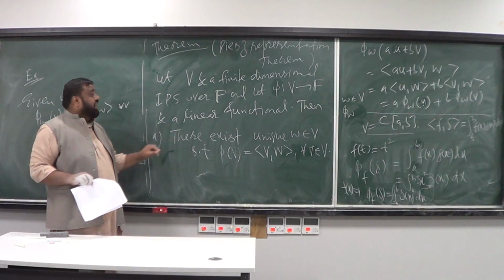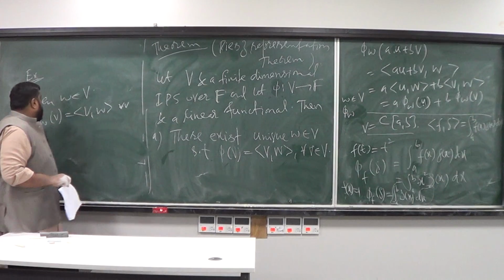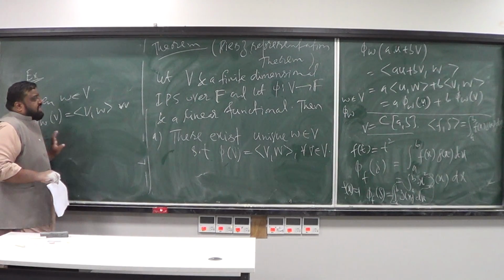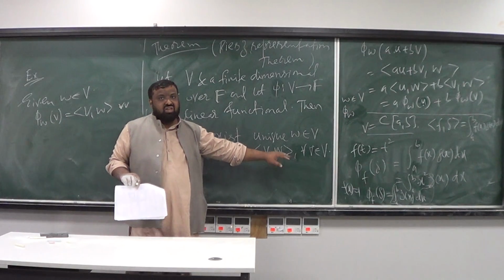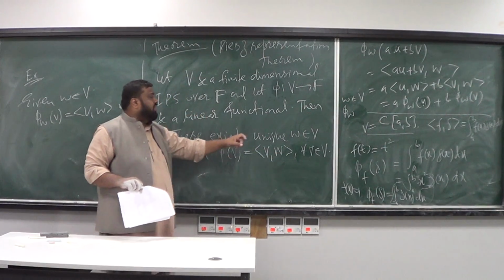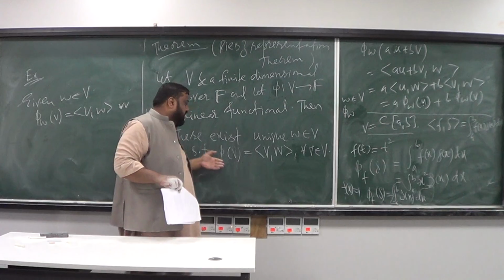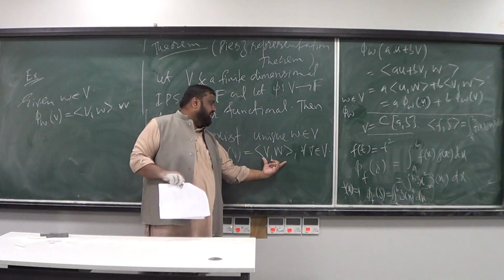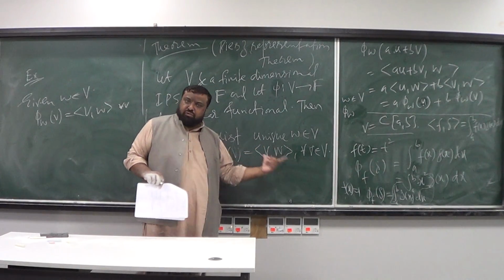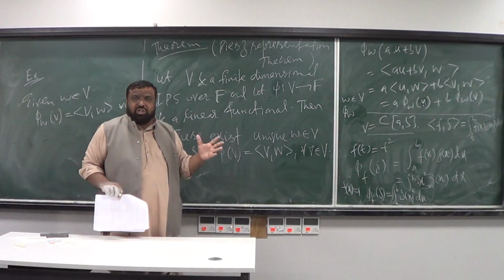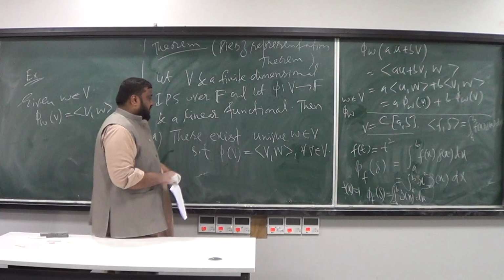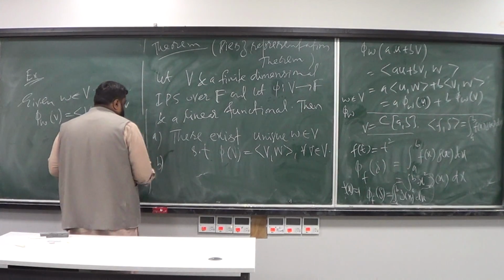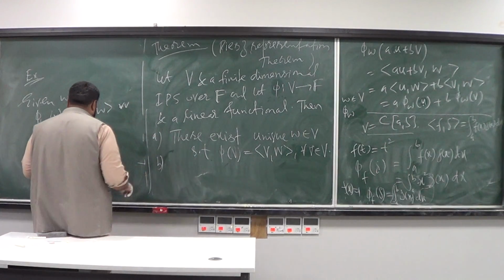Here, for every w you can have a functional, and here you're saying that every functional can be written in this form. In other words, for every functional you can always find a unique w such that you can write it in such a form. So every functional is of this form. That's it. This is what makes this representation interesting.